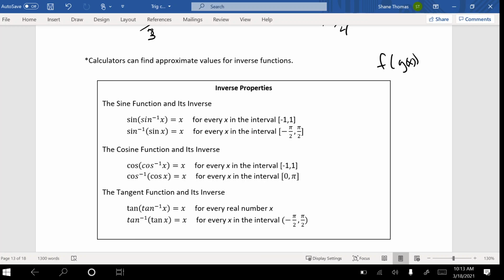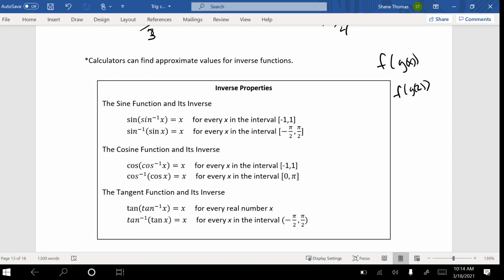If I wanted f at g at 2, that meant I put 2 into g, evaluated and simplified it. Then maybe I get 6, and then I plug that back into f. You guys remember doing that? That was algebra 2, intermediate algebra. We're going to use that same type of thing here with our trig functions.